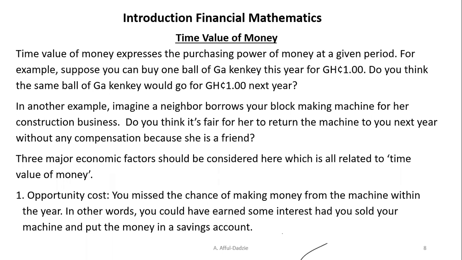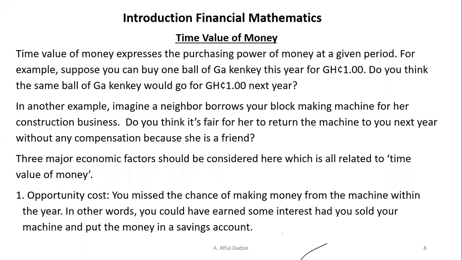So this is a clear implication of what the time value of money tells us, that the value of a certain sum today will not be the same later. Today, if you have 40,000 cedis, or let's say 60,000 cedis, and you want to buy a Toyota Camry or Toyota Corolla 2016 model, and you don't buy it now, and wait till next year or the next 2 years, that same car, the same model, the same specifications, you won't get it at that 60 or 59,000.